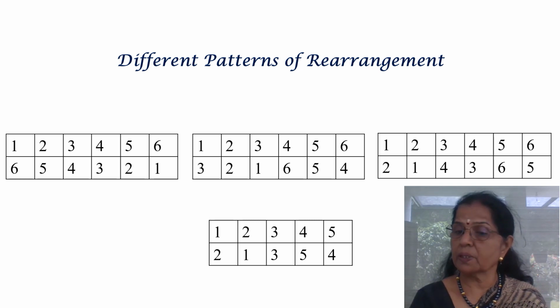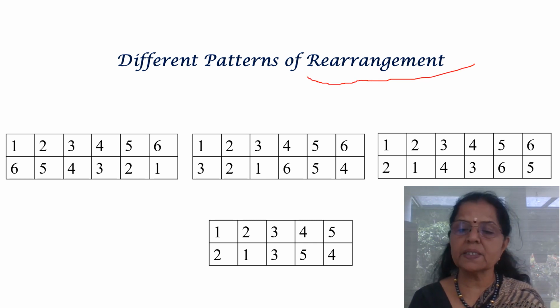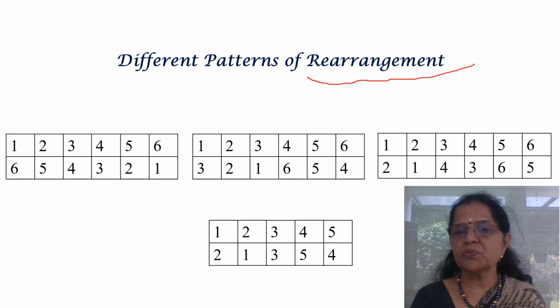No addition of a constant number, or subtraction of a number. The same letters in the words are used, but in a different order. The letters are rearranged. So there may be different patterns. What you are seeing here is 4 different patterns: 1, 2, 3, 4 patterns of problems.